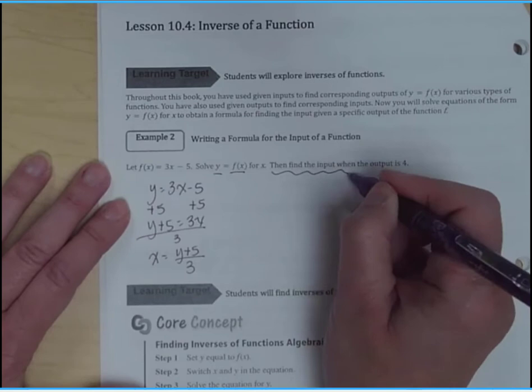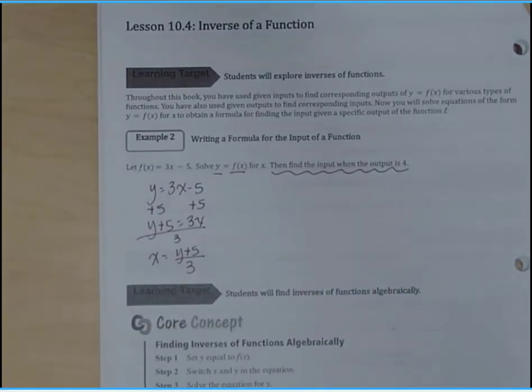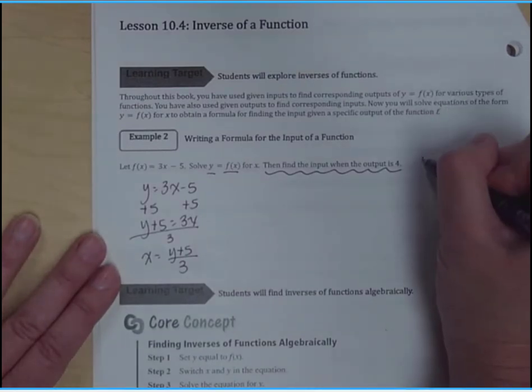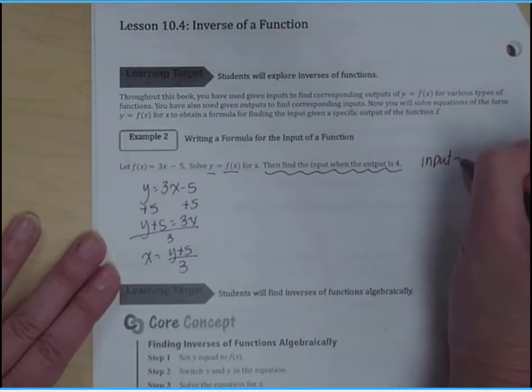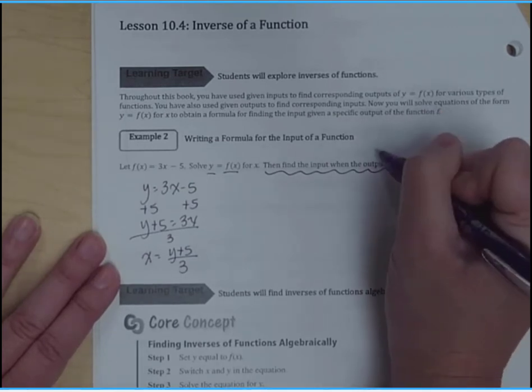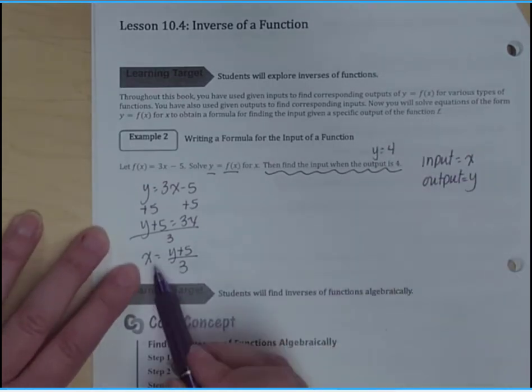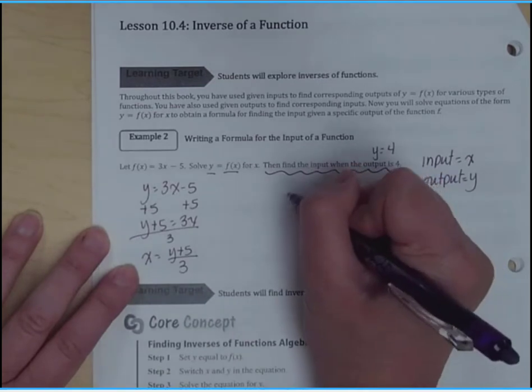Now my next thing I want to do here, it says find the input when the output is 4. Well, if you recall, input is the x value, output is the y value. So this is telling me that y equals 4. I want to figure out x. Well, what's nice is I already have x by itself here.